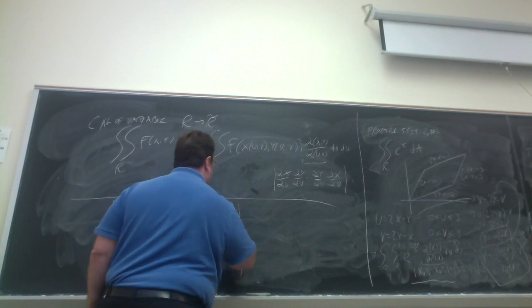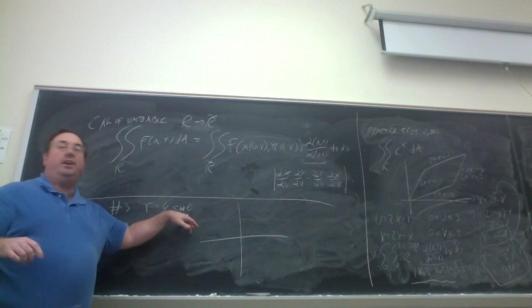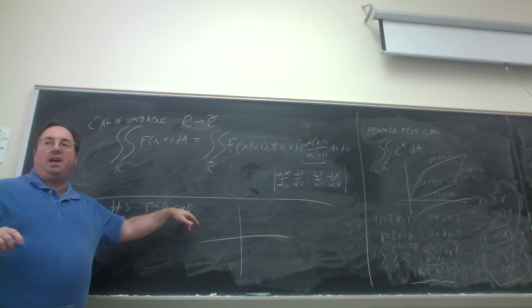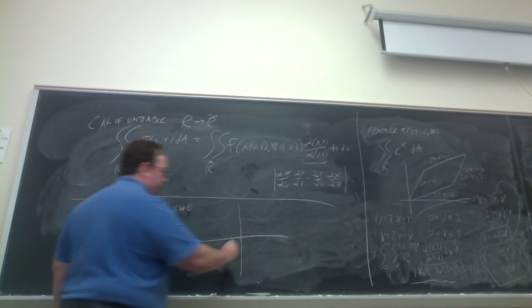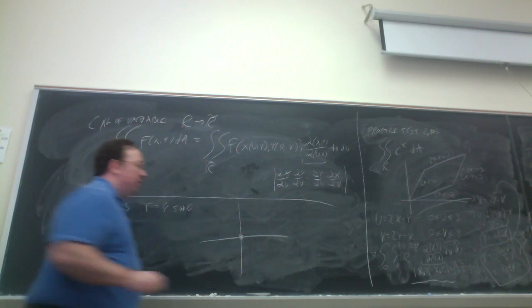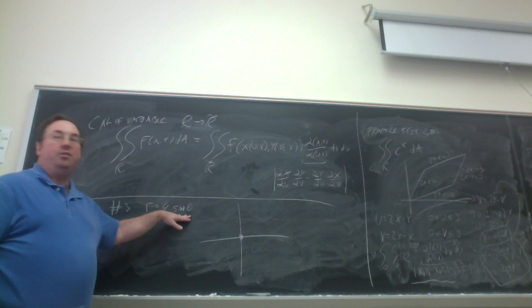Because if you're not sure what it looks like, start with theta equals 0. See what happens. When theta equals 0, r is 0. You know you're at the origin. At what point do you get back to the origin? When sine theta is equal to 0 again, at pi.